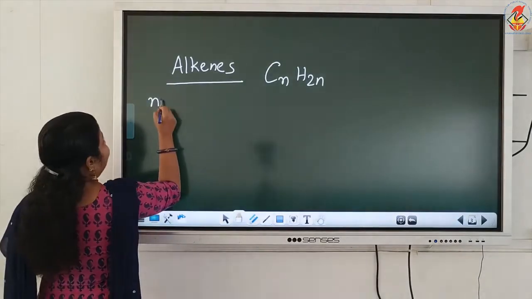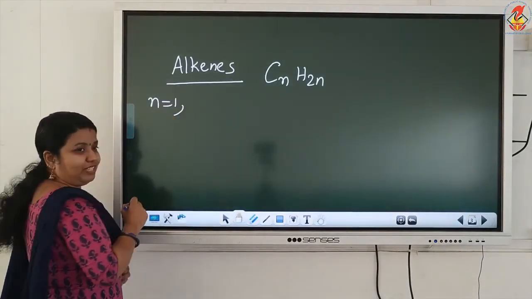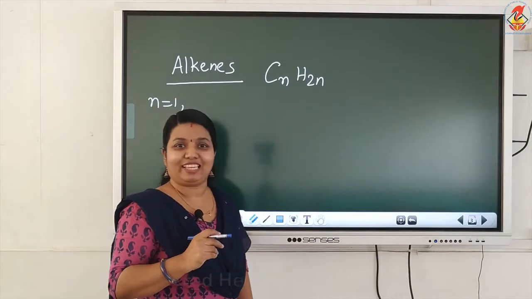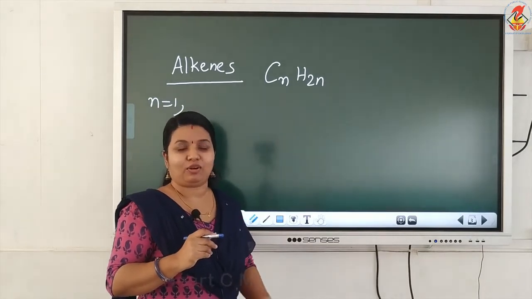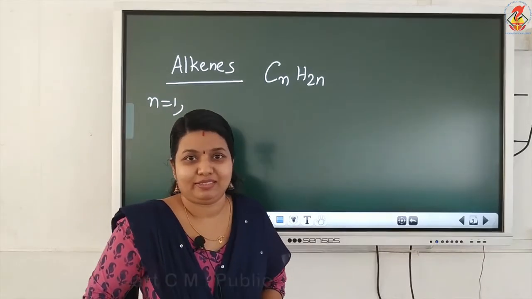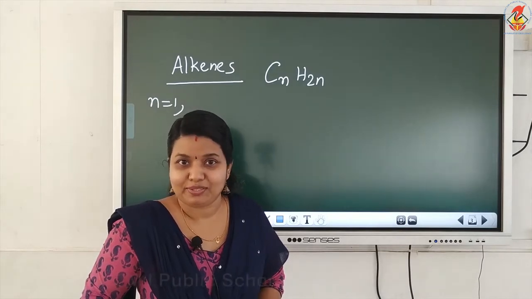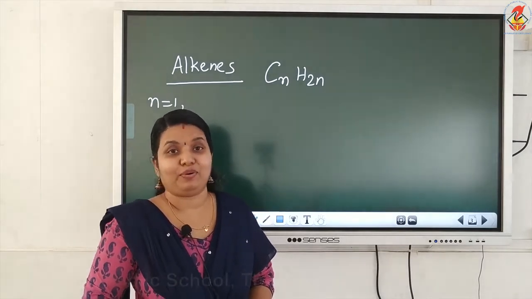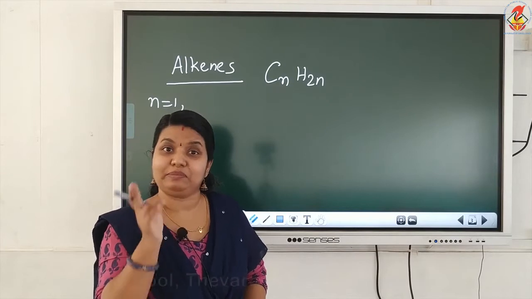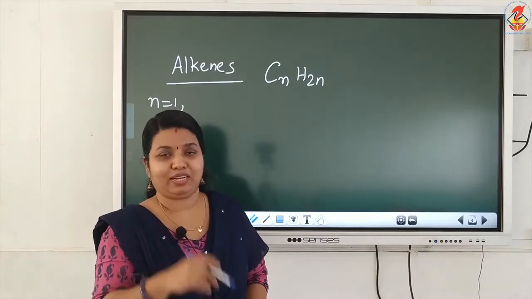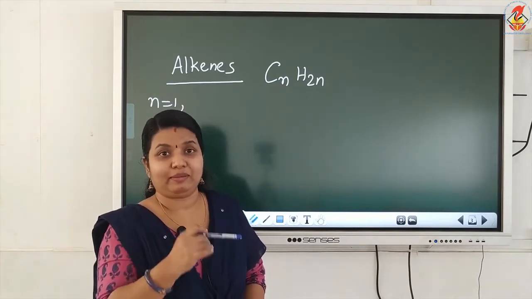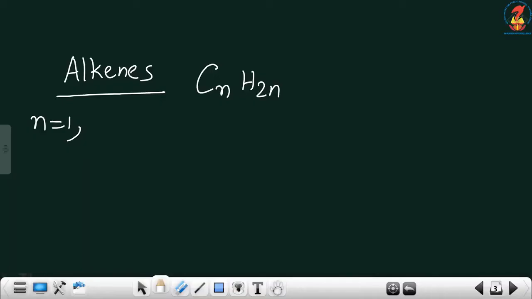So, n is equal to 1. Is it possible for alkenes? Can we write the compound with n equal to 1? No, because alkenes are compounds which contain a double bond between two carbon atoms. To put a double bond between two carbon atoms, n equal to 1 is not possible. n equal to 1 means there is only one carbon atom.